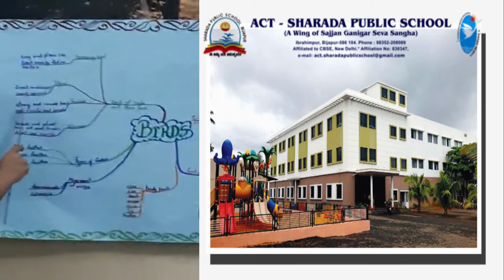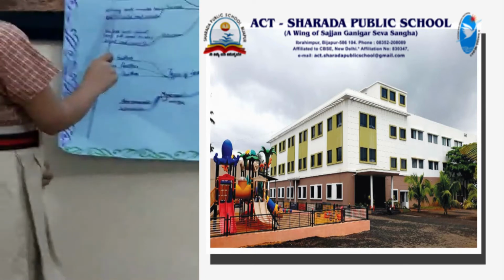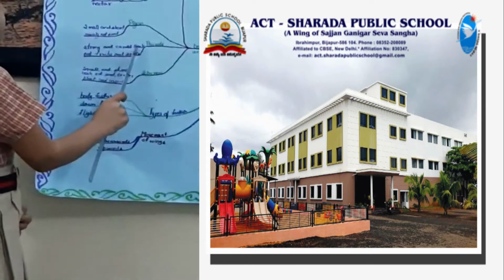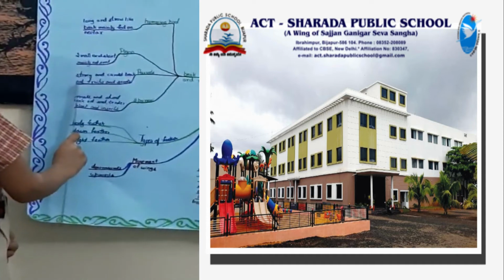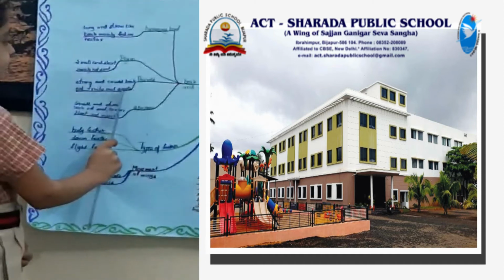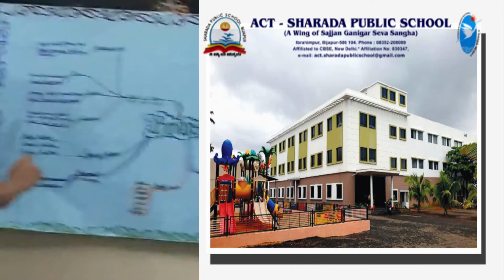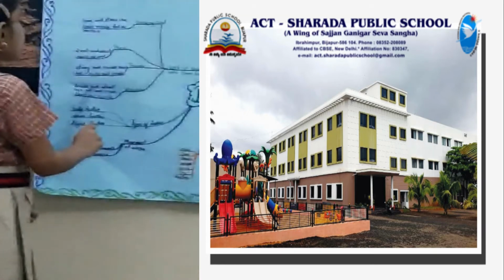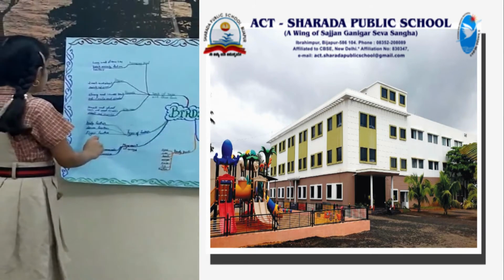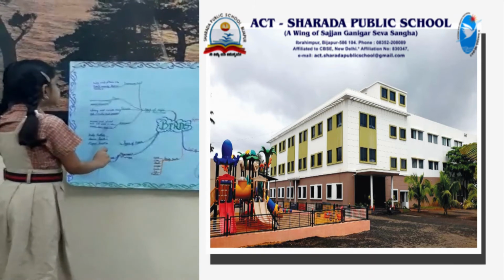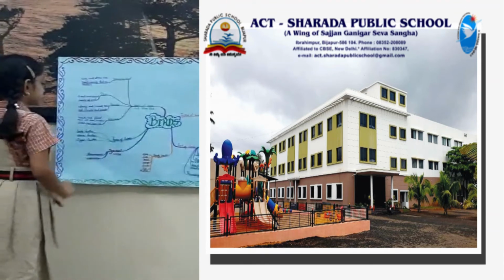Parrot. Parrots have a strong and curved beak. They eat fruits and seeds. Sparrow. Sparrows have a small and short beak. They eat seeds, tender plants and insects.